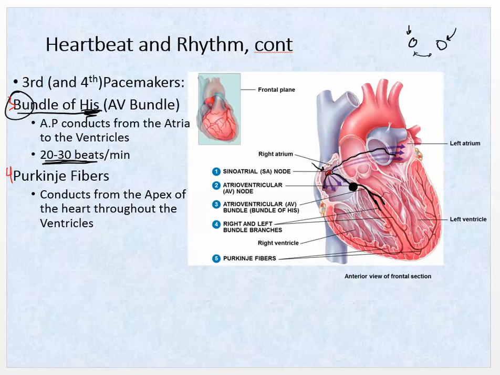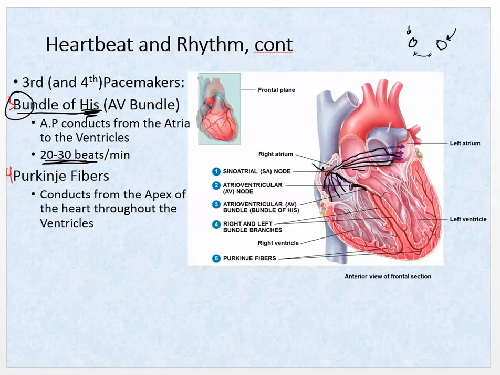It's because the signal can only travel from the atria to the ventricles through this area right here. There's no other way for the ventricles to know that the atria have depolarized. So there's this master switch and built-in pause.